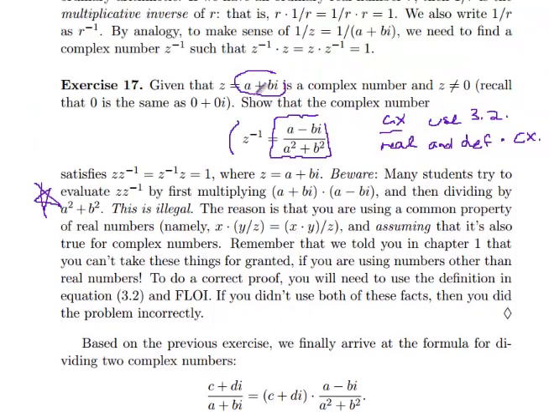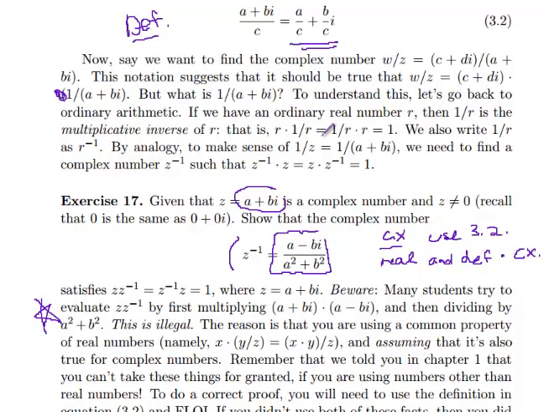Now in exercise 17, we show that 1 over a plus bi can be identified with this quotient here. And we also said up here that c plus di over a plus bi can be considered as c plus di times 1 over a plus bi.